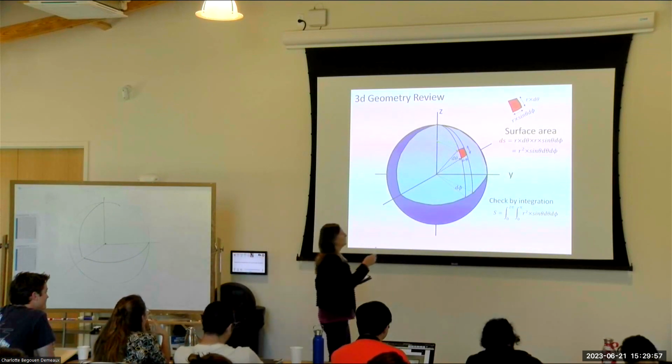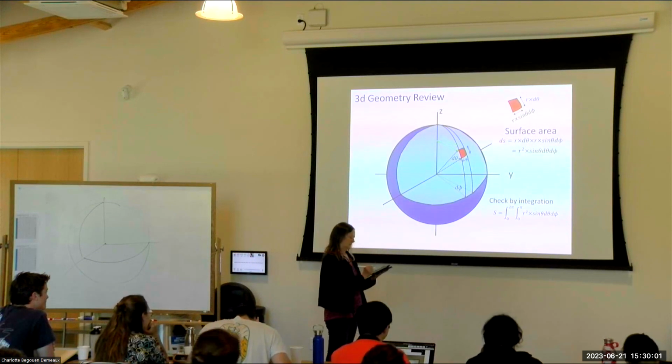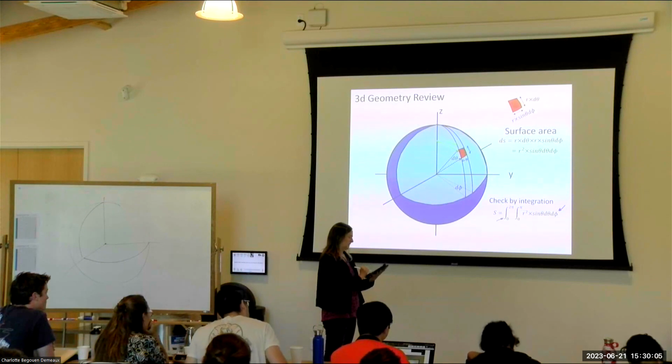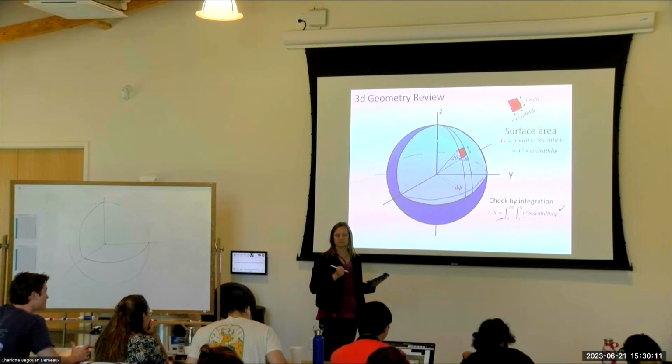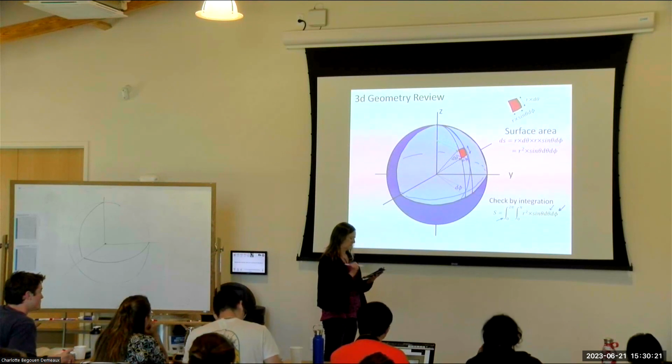So we're going to integrate d phi from 0 to 2 pi, going all the way around, and we're going to integrate d theta from 0 to pi.